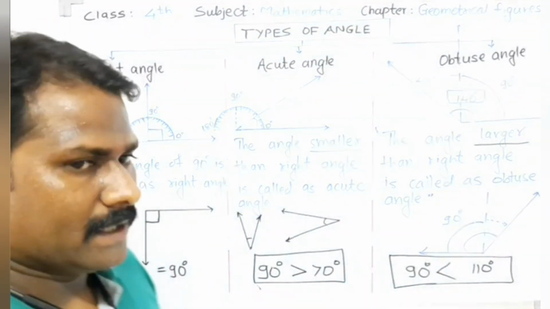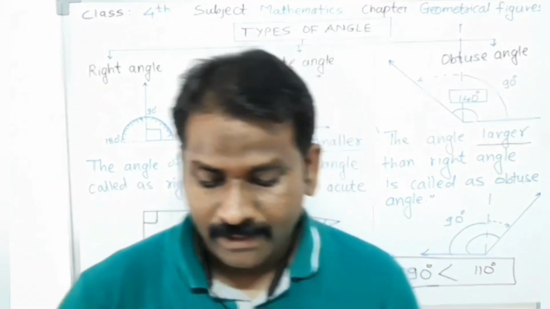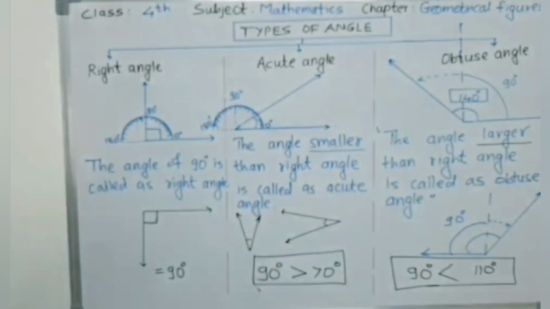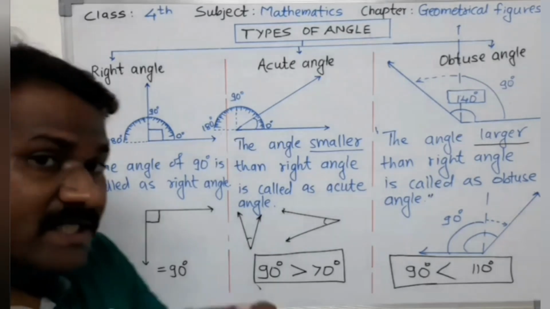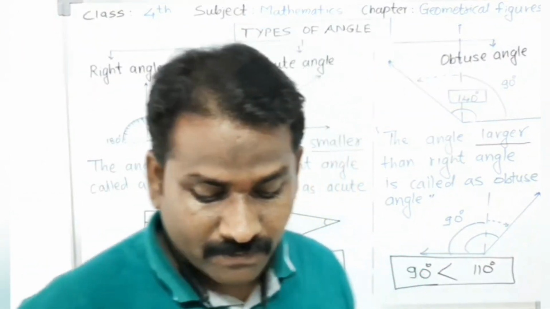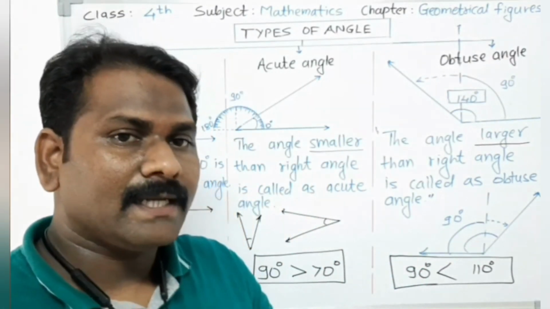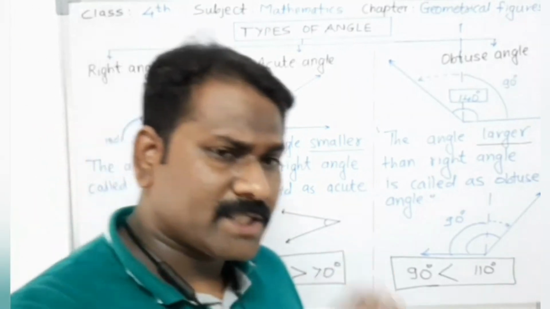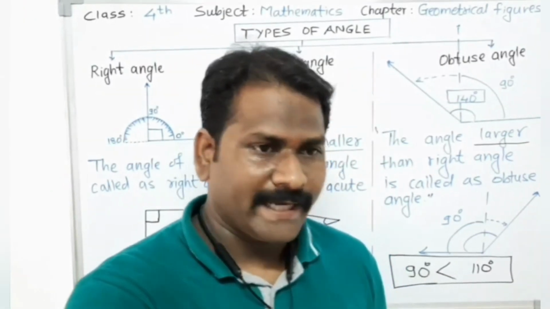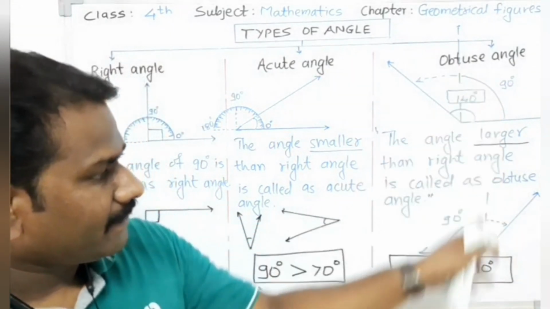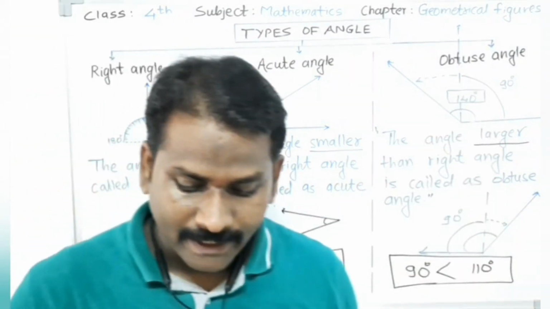Okay. But listen and notice one thing. If the angle becomes 180, then that angle is a straight line. So measurement should be less than 180 and more than 90. That time it is the obtuse angle.